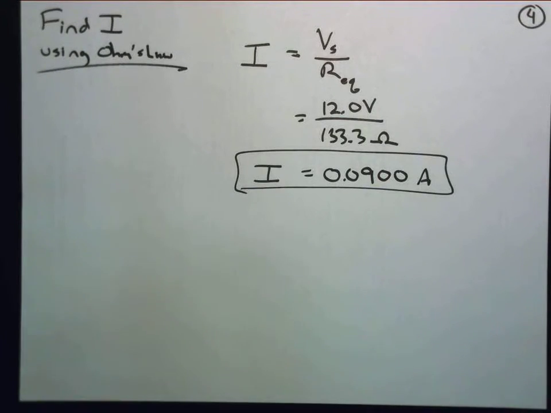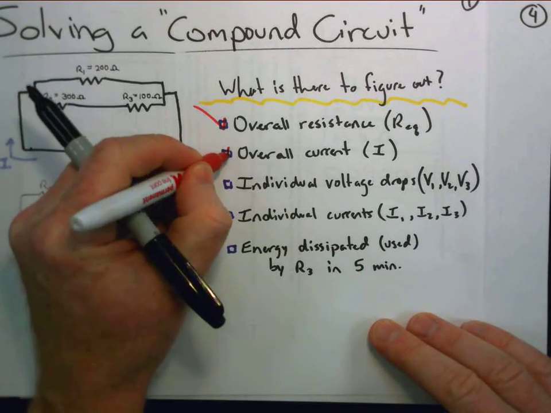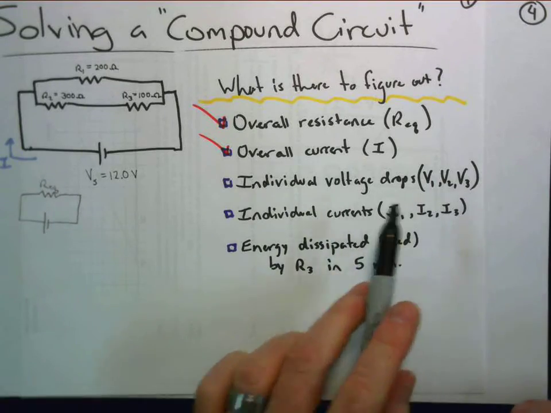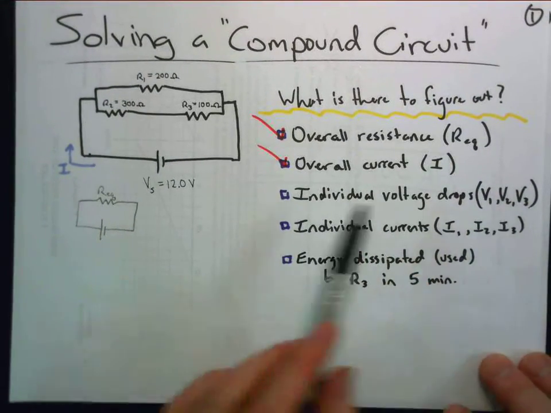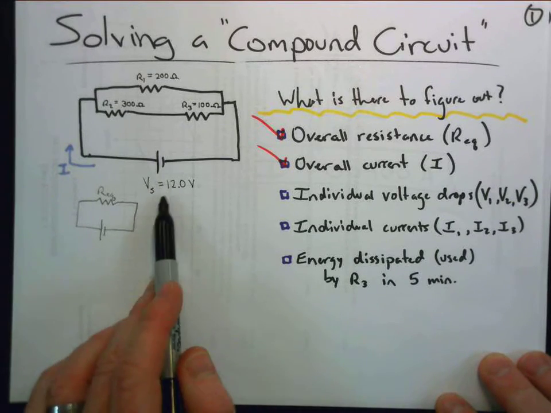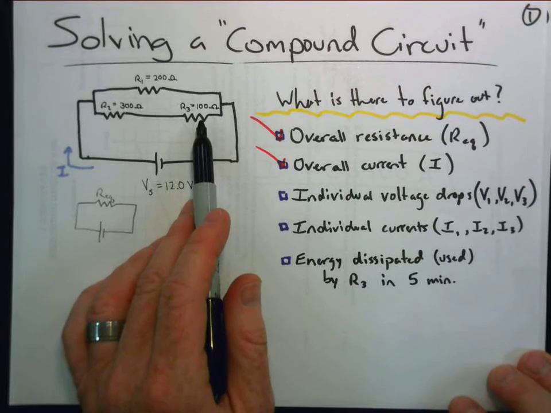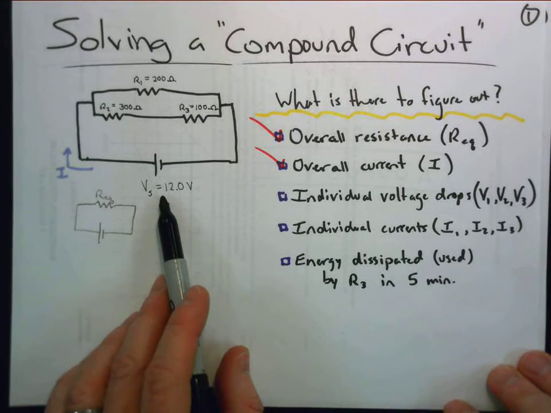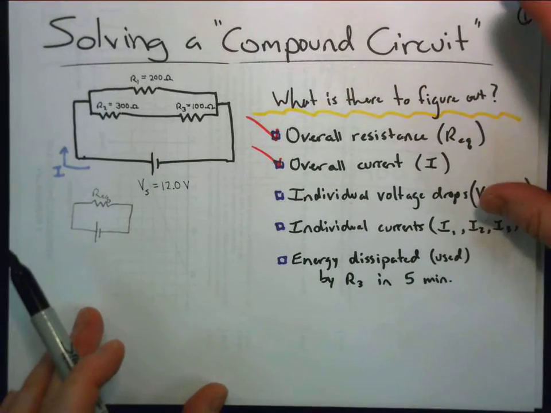Now, the next task to accomplish: I found the overall current. Look at that, check it off. I'm going to find individual voltage drops. And so V1, V2, V3, what this really means is I have a voltage gain from the source here, and each of these resistors provides a certain voltage drop. The source adds energy to the charges. Each resistor removes energy from the charges. That's what a voltage drop means.